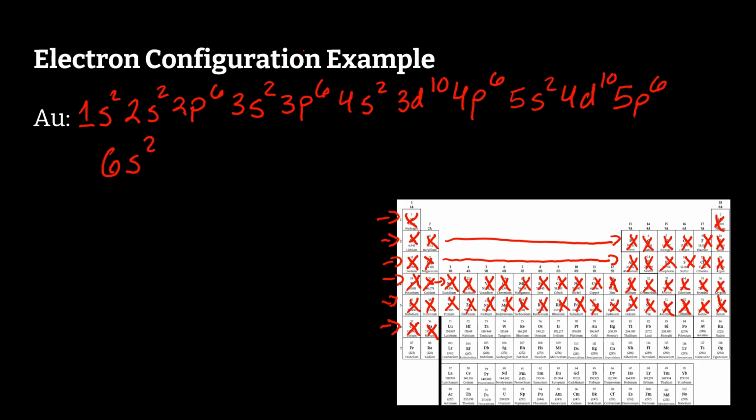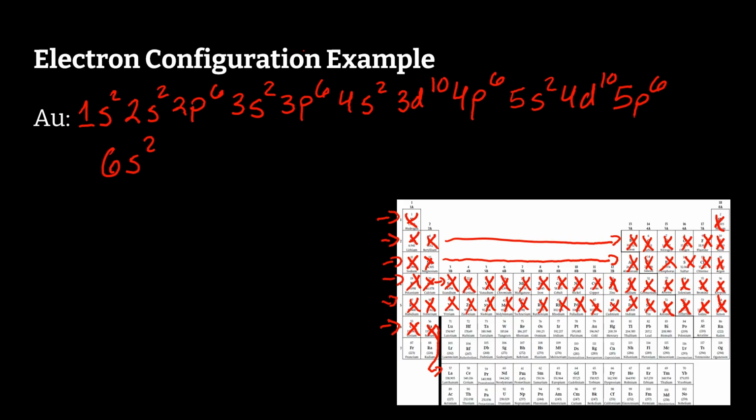Now, what we have next is going to be this black line. This black line is telling us that this is moving down to this F block now. So we go from the S block starting in energy level 6. So it'll be our 6S, and then we move down to the F block. Now, the F block, kind of similar with the D block, is actually a lower energy level for these electrons.